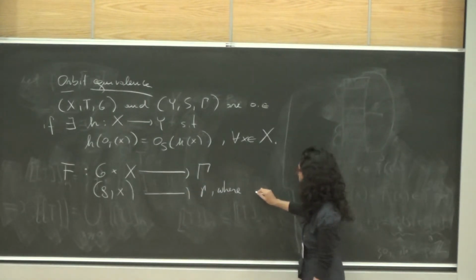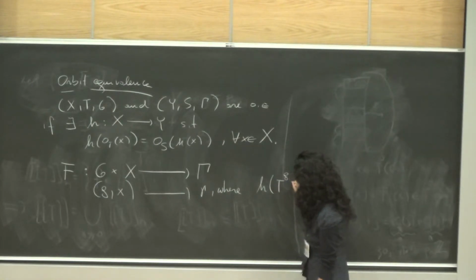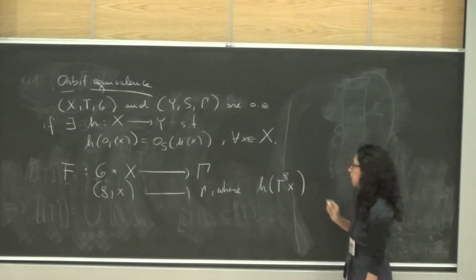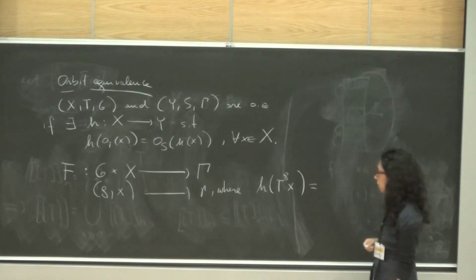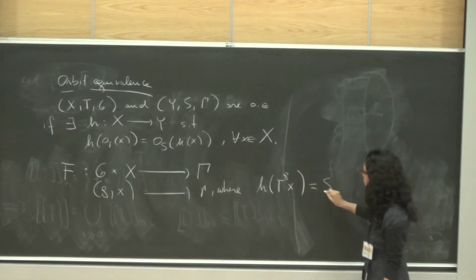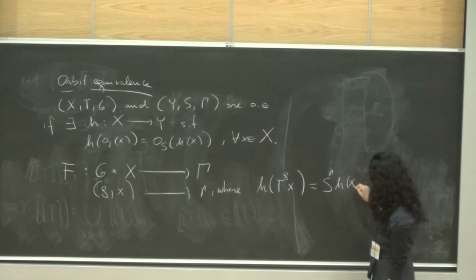So this is where Tgx is equal to S gamma Hx.